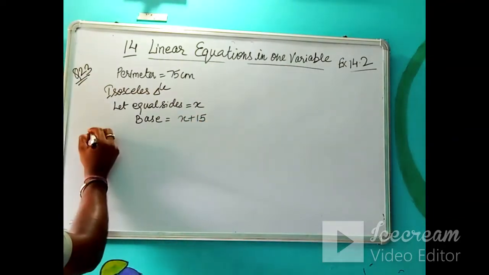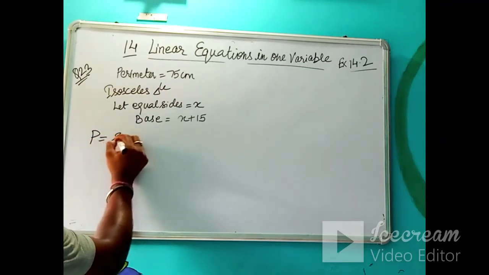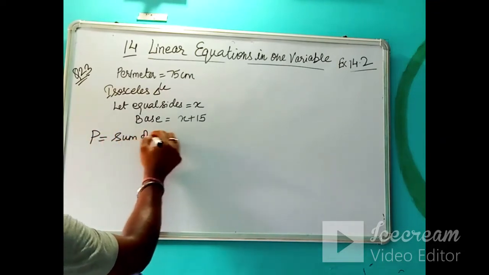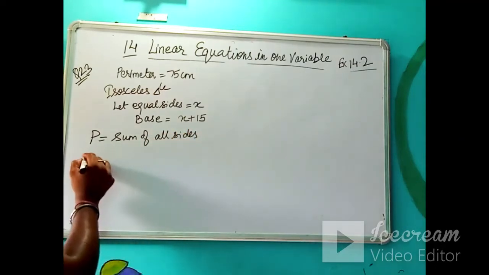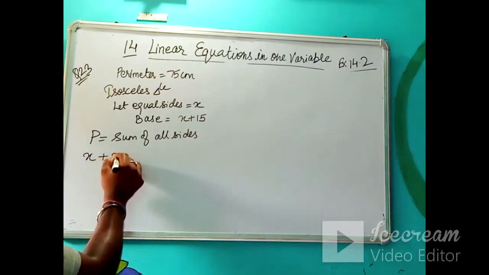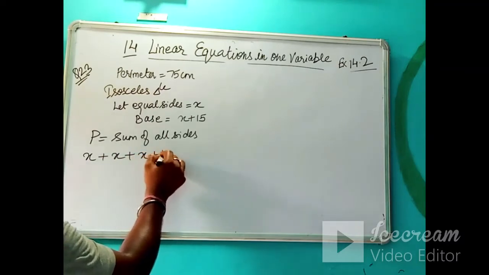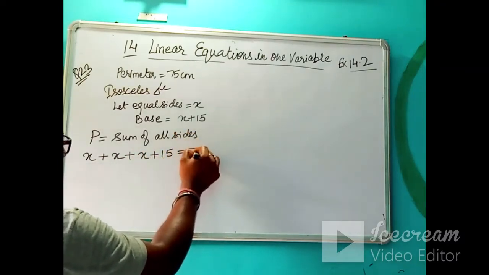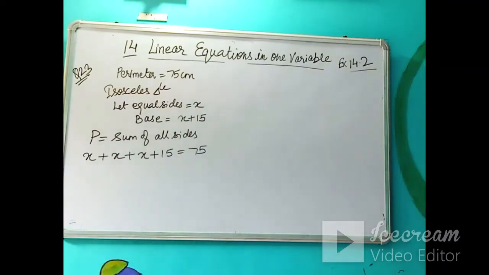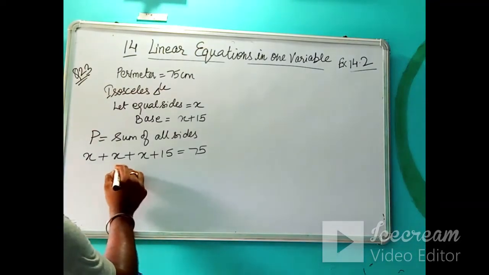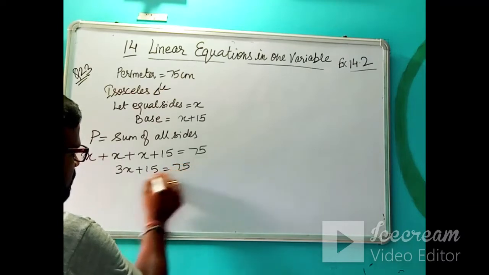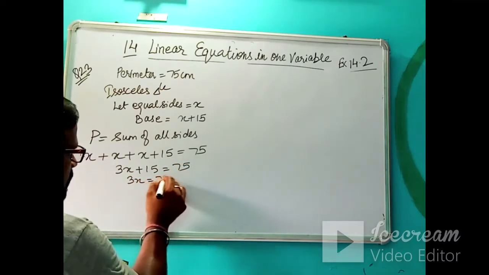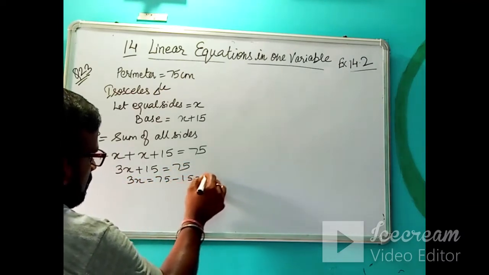So what is the perimeter? Perimeter is the sum of all sides that we knew. So sides are x plus x plus x plus 15 and the perimeter given is 75. So it makes 3x plus 15 equal to 75 and 3x equal to 60.